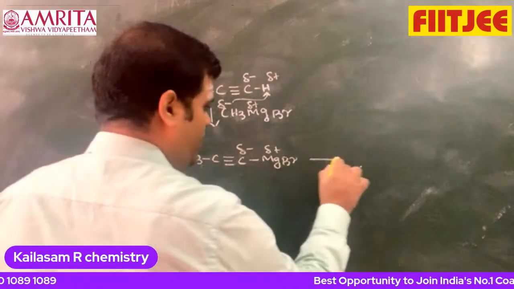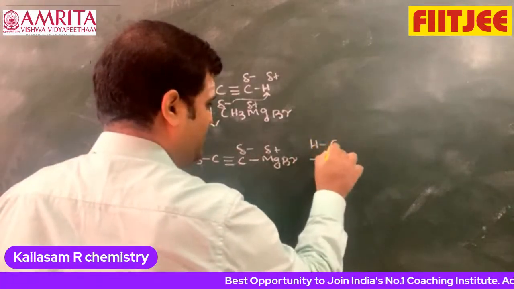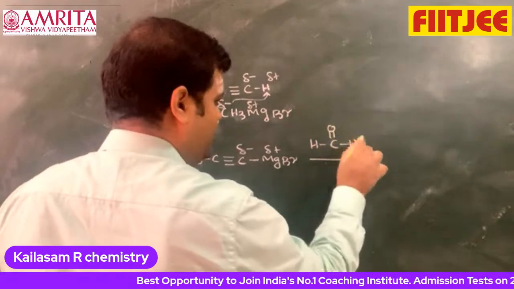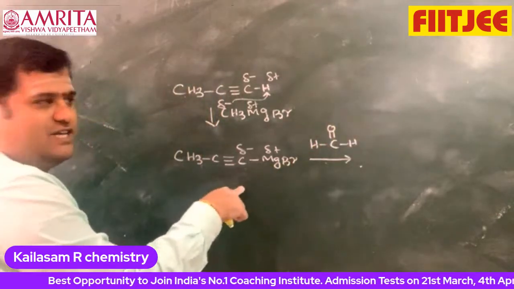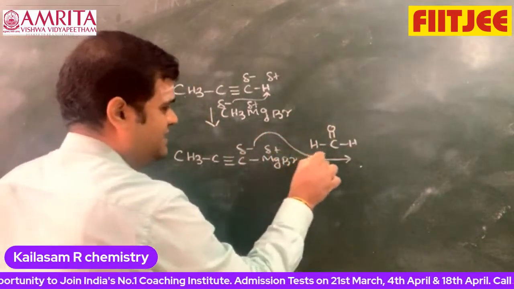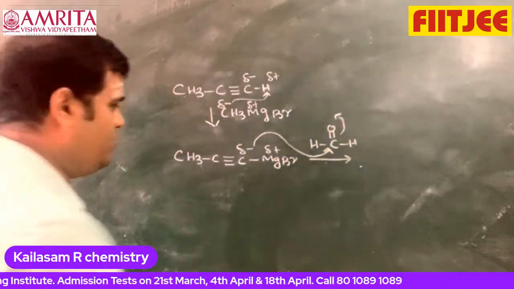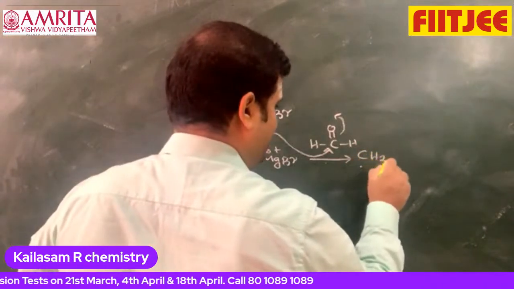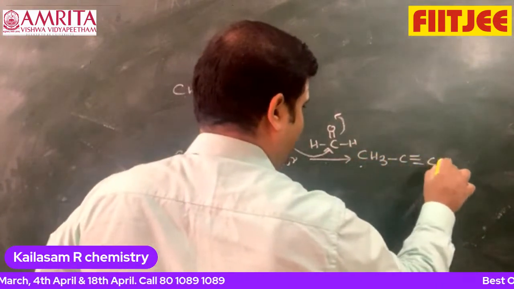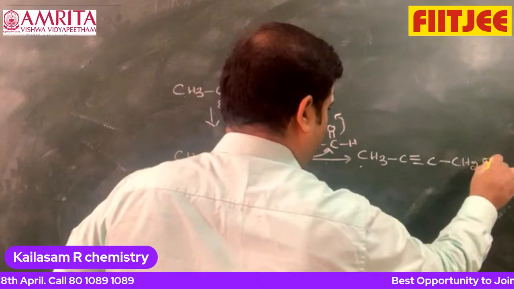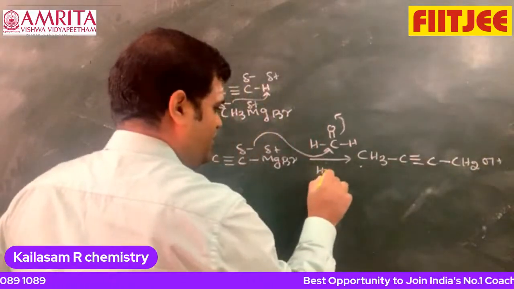Now if I am going to use H C double bond O, formaldehyde, this acts as a Grignard reagent acceptor. The Grignard attacks formaldehyde and the double bond breaks. Now what I am going to get is CH3 C triple bond C CH2OH, followed by H3O+ mild.